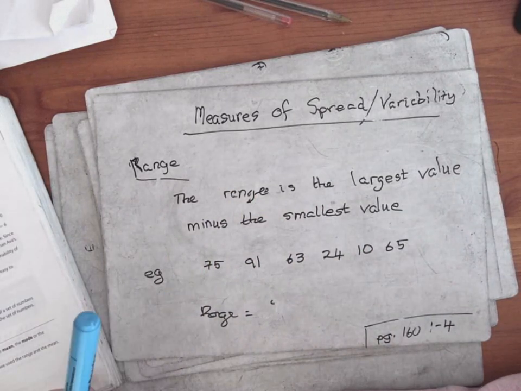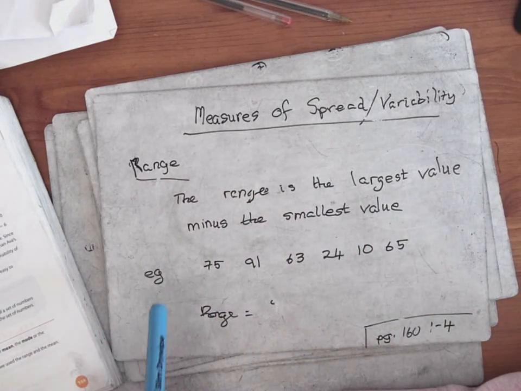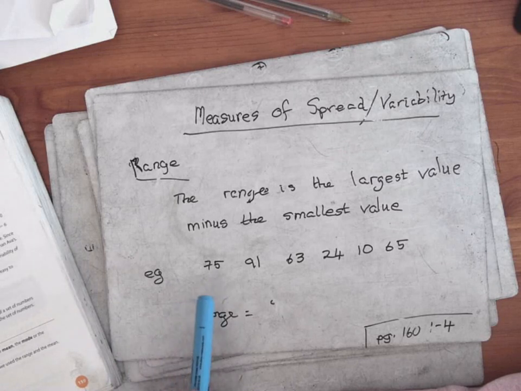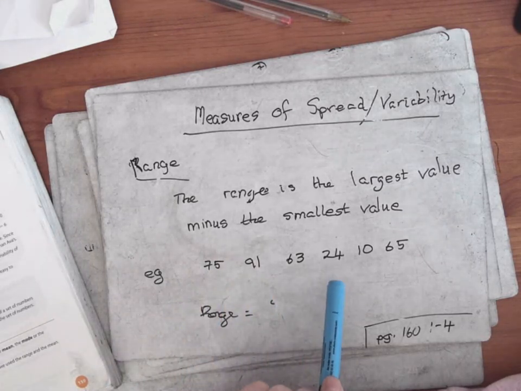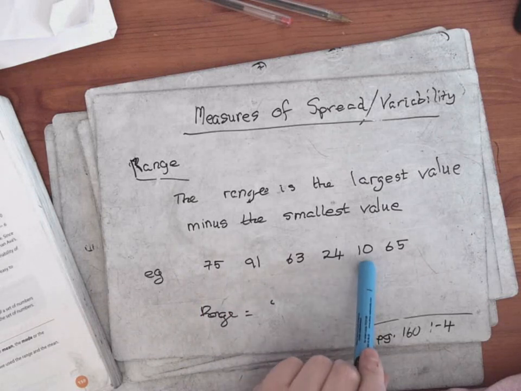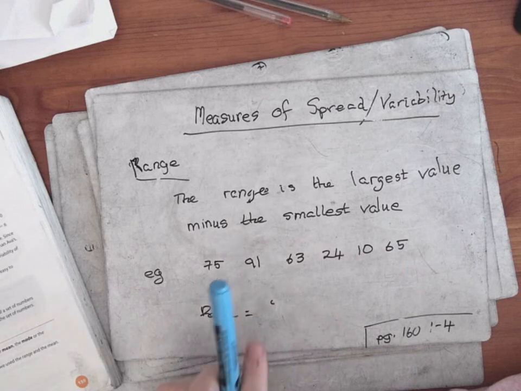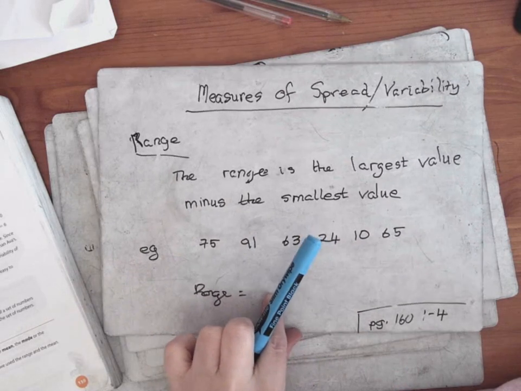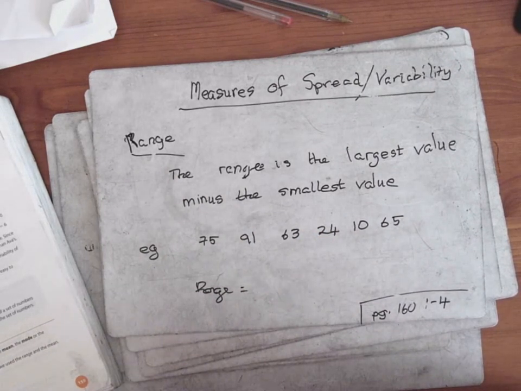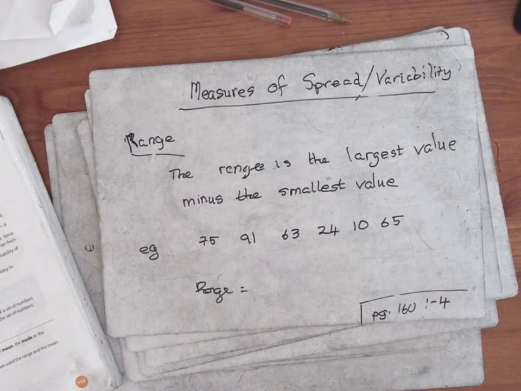So for example, if I gave a maths test and one person got 75, one person got 91, one person got 63, one person got 24, one person got 10, one person got 65, and I want to know what the range is. I want to know how spread out the class is. Is everyone grouped around the middle, or have I really good and really bad?